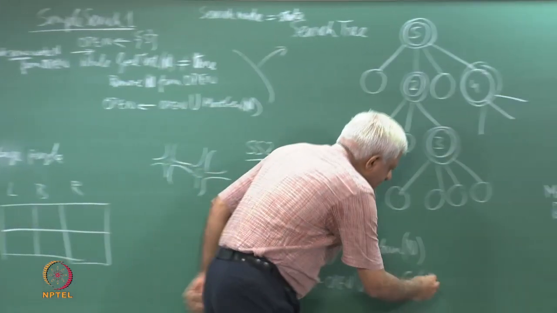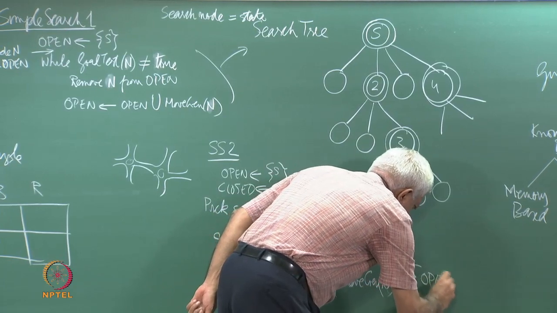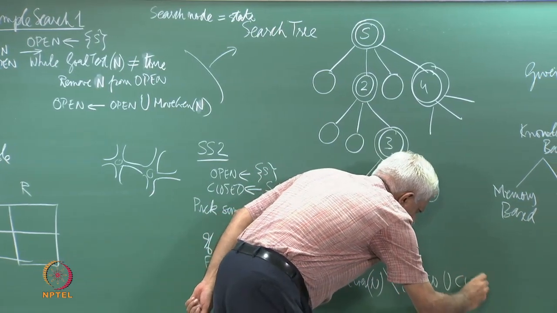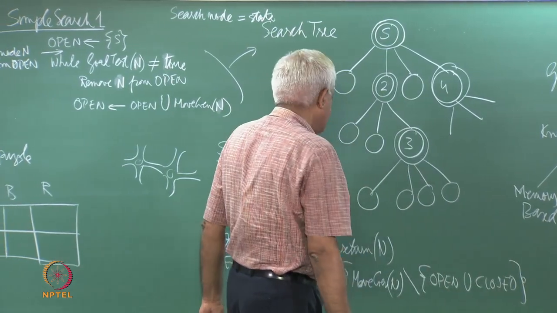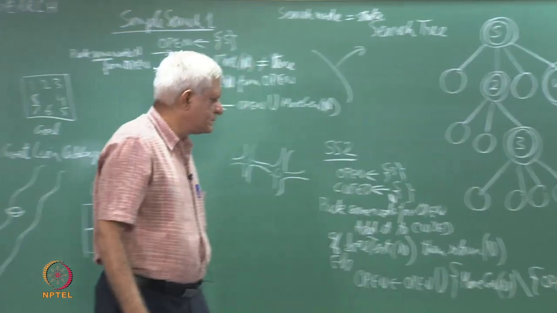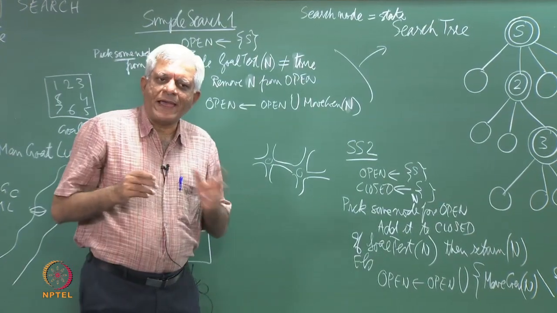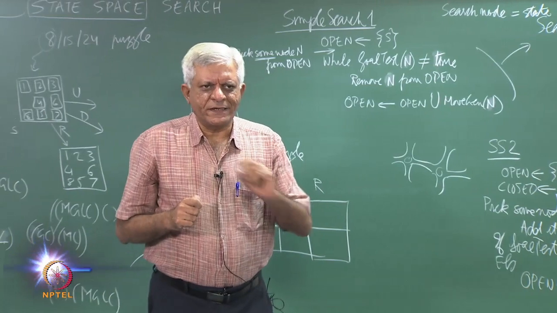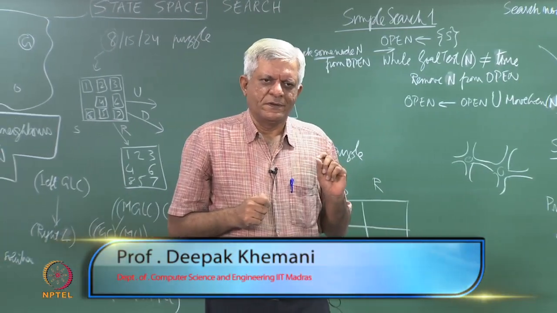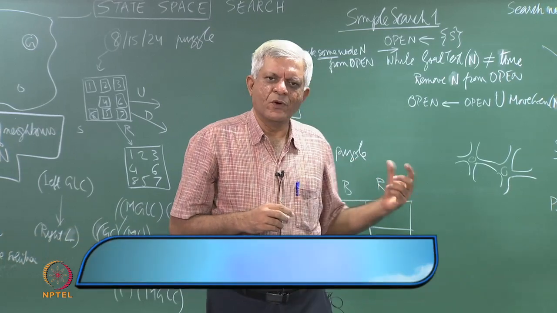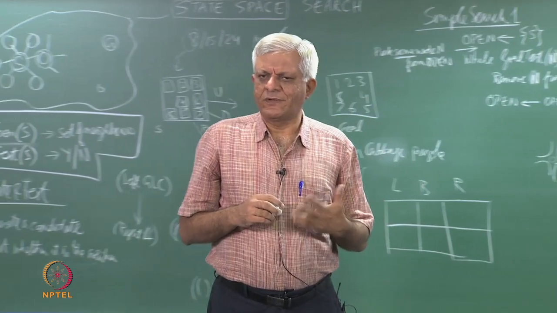From this I will remove the set open union closed. So, I will not add any node that I have generated before or seen before to open. My open will only get new nodes essentially. So, this will stop me from going into loops essentially.